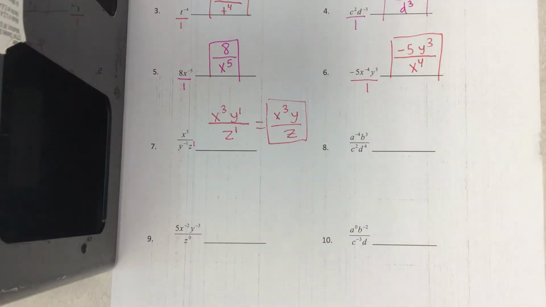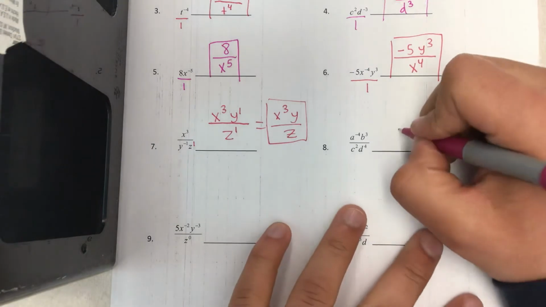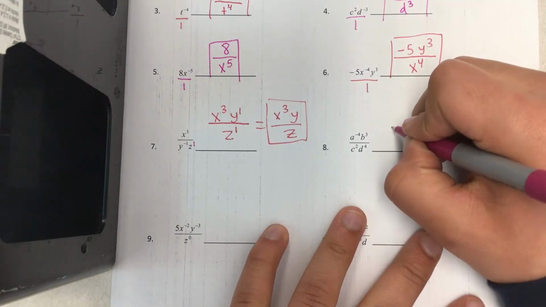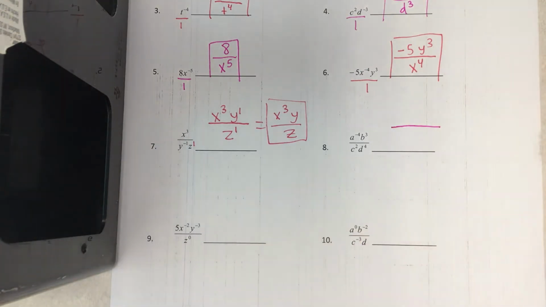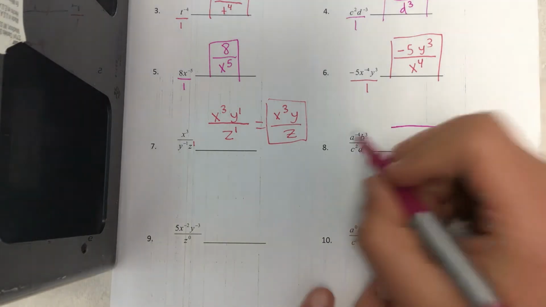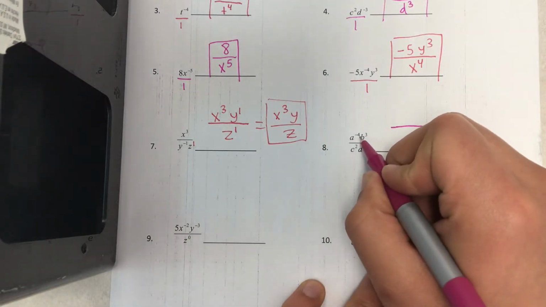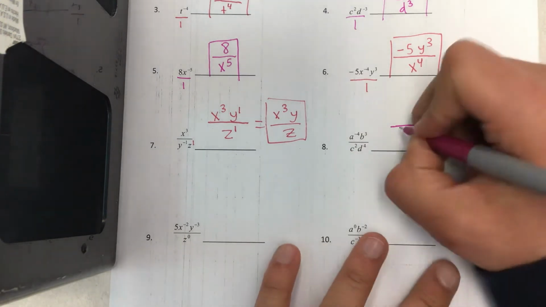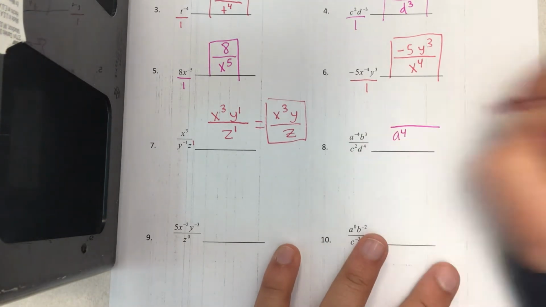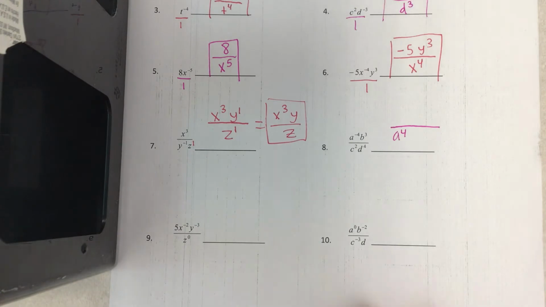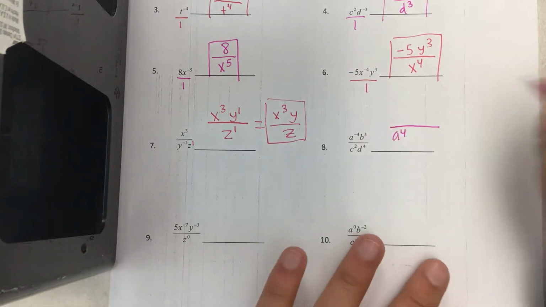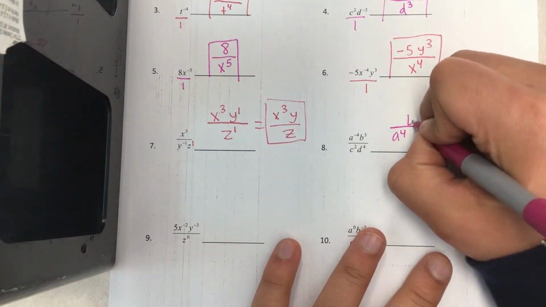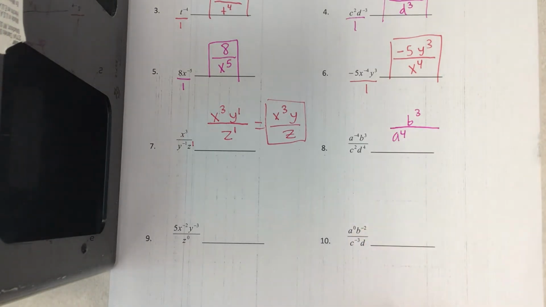Number 8, so I have a to the negative fourth, b to the third, over c squared, d to the fourth power, okay? So let's go letter by letter. So a to the negative fourth, right? Negative exponent, it has to move. So this goes from the numerator to the denominator, okay? B to the third power, it's positive, so that can stay right where it is, okay?